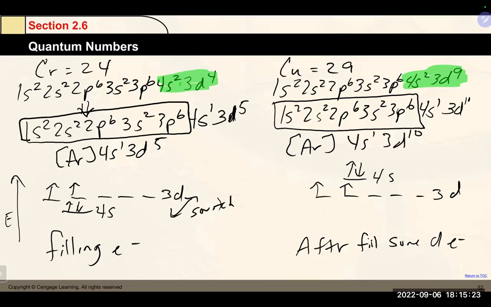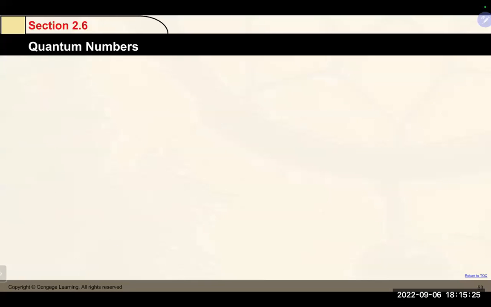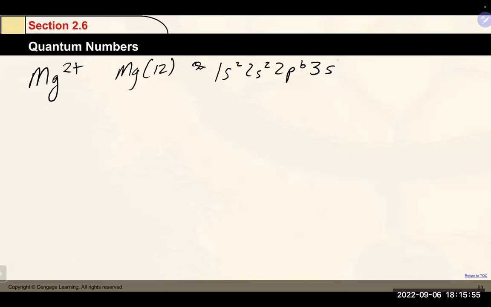So let's talk a little about what happens when something obviously gains or loses electrons. So if we have something like magnesium with a +2 charge, if we look at the electron configuration for magnesium with no charge, it has 12 electrons, and that would be 1s2, 2s2, 2p6, 3s2.